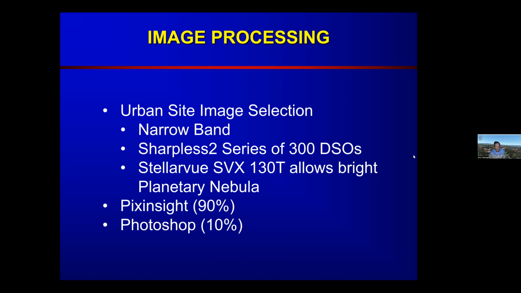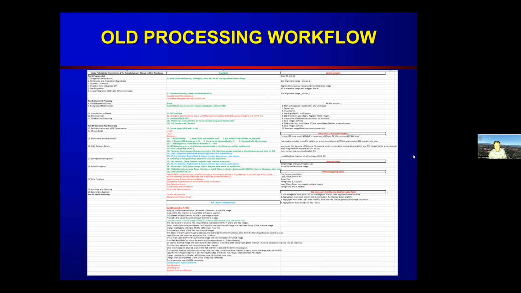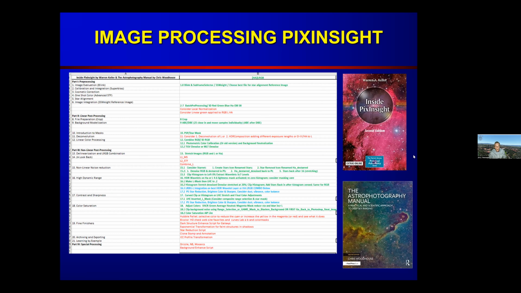And my processing, when I wrote this first slide, this was from the last talk, was 90% PixInsight and 10% Photoshop. And this was my simplified flow diagram in the old days. And believe it or not, that's what I did. And a lot of it was based upon these books.